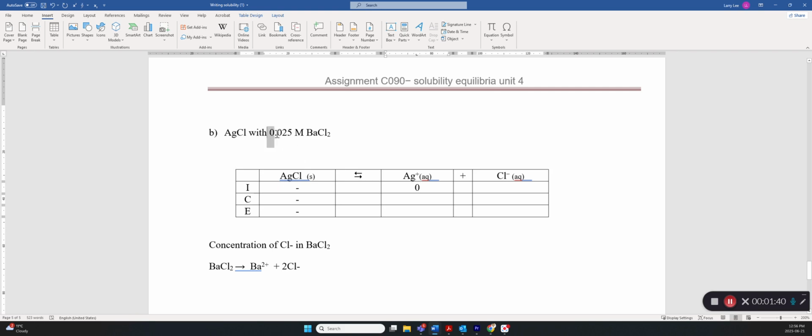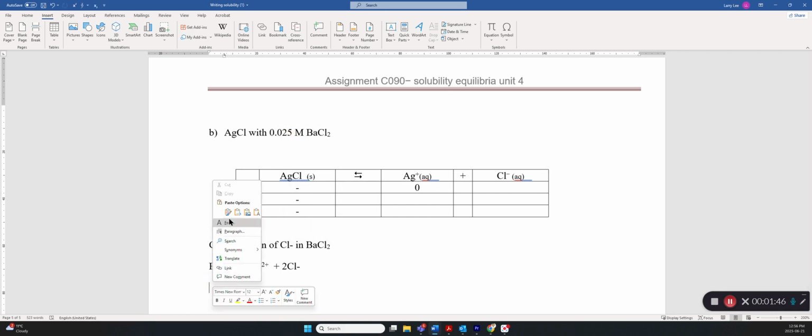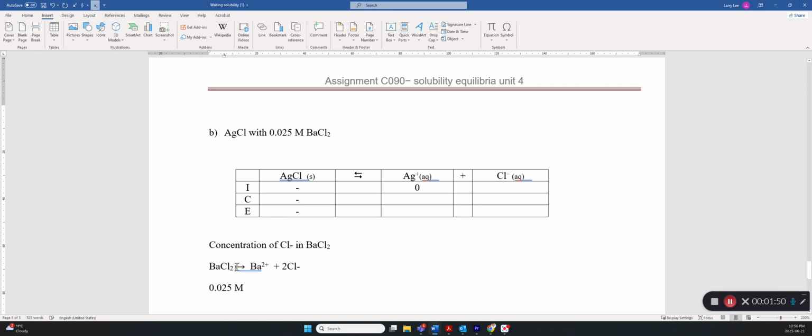Now, because you start with 0.025 moles per liter of barium chloride, this is the molar concentration of barium chloride. It should fully dissociate into barium and chloride. According to the stoichiometry, we get the same number of barium ions, but that's not important. That's not the common ion.